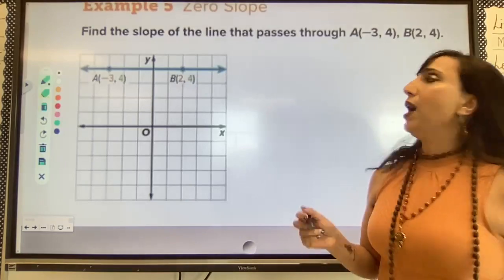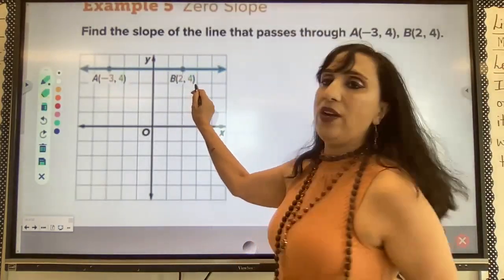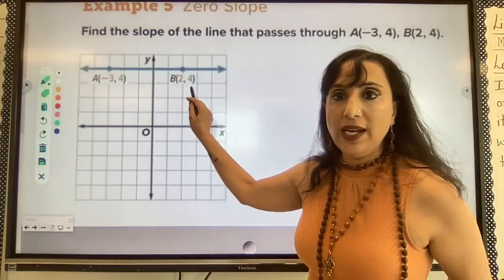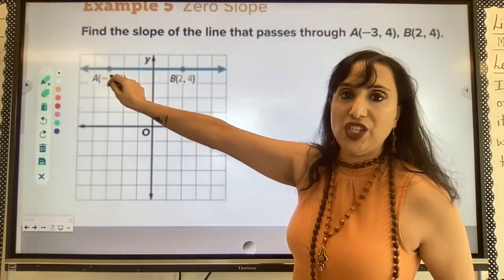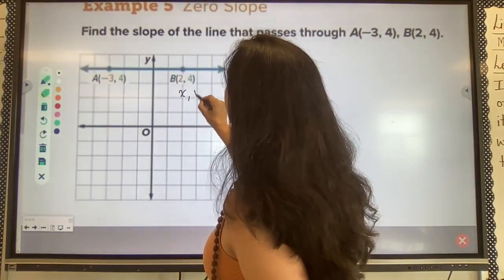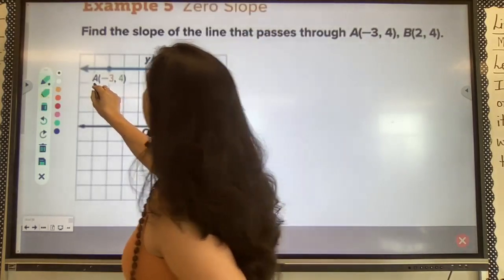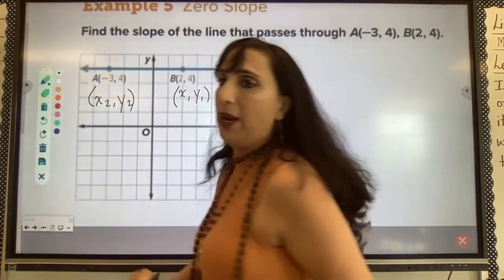Okay, so I can see this is to the right, this is to the left. So this is going to be my x1, y1, and this, because it's on the left, is going to be x2, y2. Okay, so this is my x1, y1 ordered pair. This is my x2, y2 ordered pair.